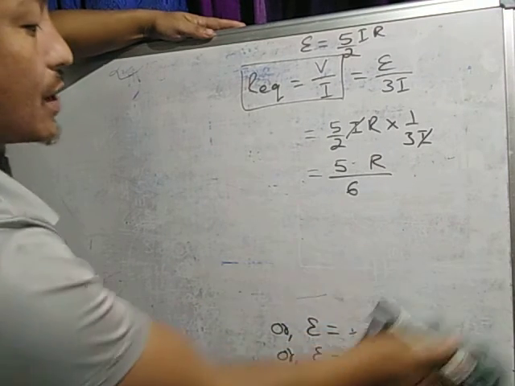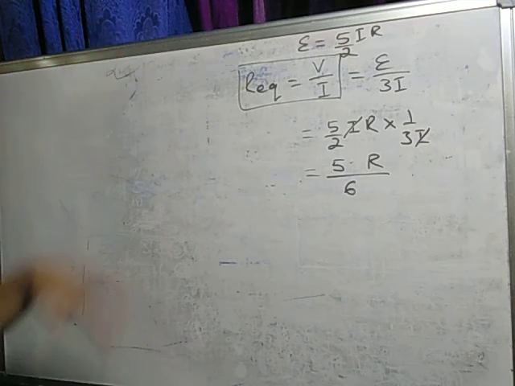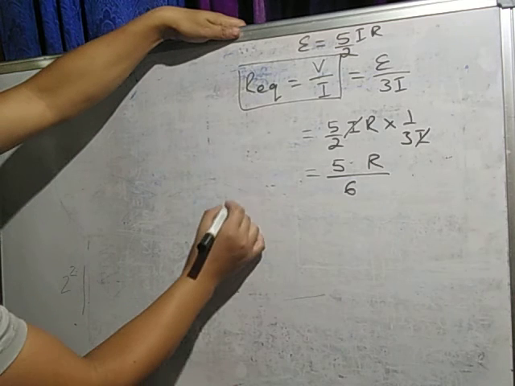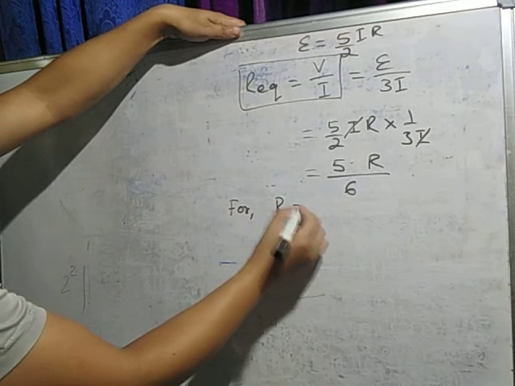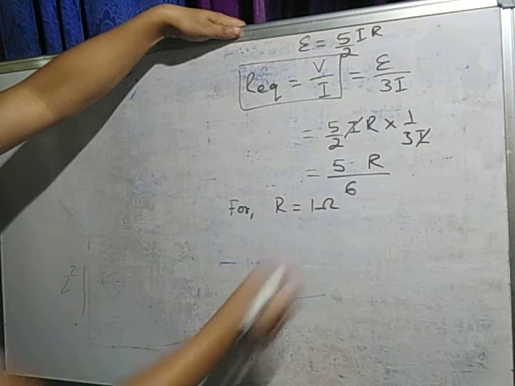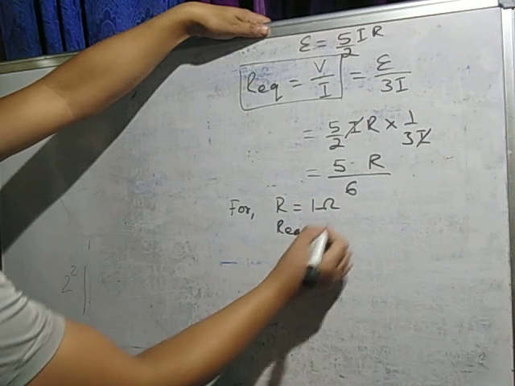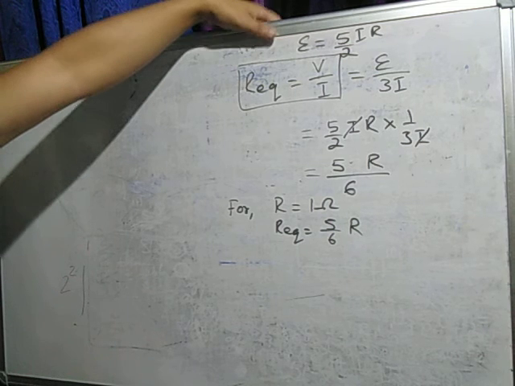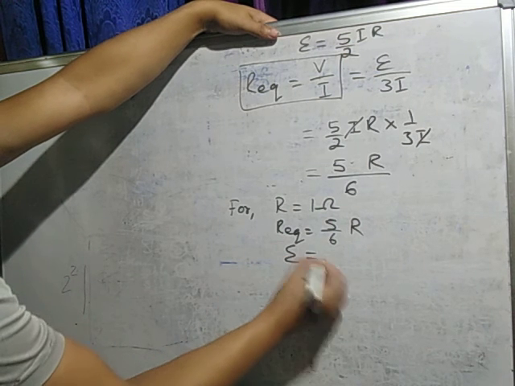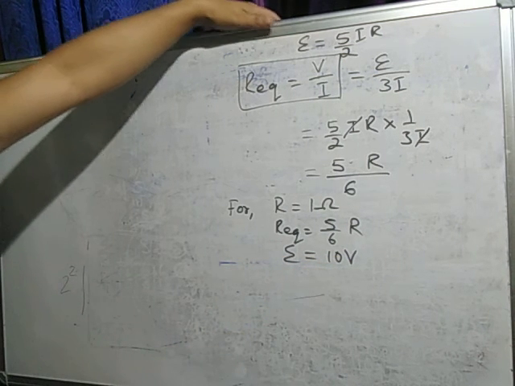So now you have to find the current in each resistor, isn't it? So for all of them, R equals how much? 1 ohm, isn't it? What is R equivalent? 5 by 6 R, isn't it? What is our potential? 10 volt, isn't it? Then what is the total current?